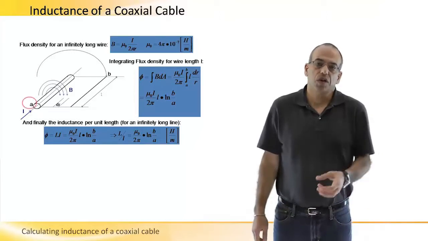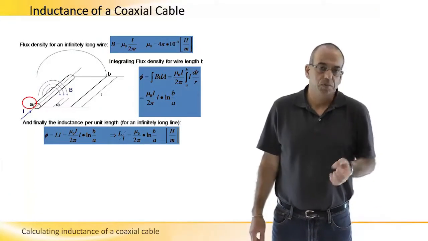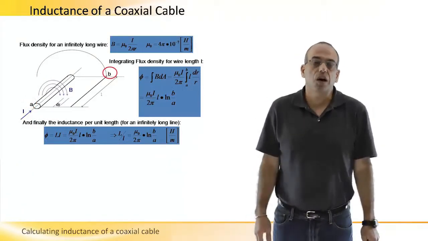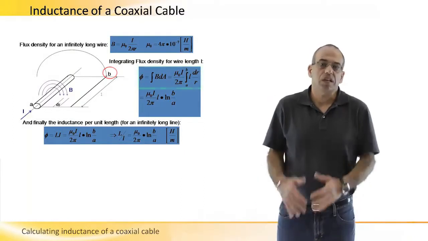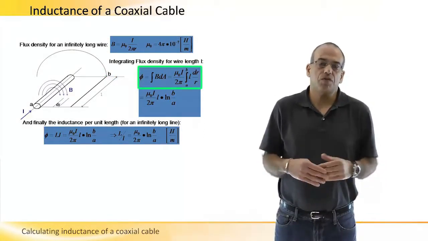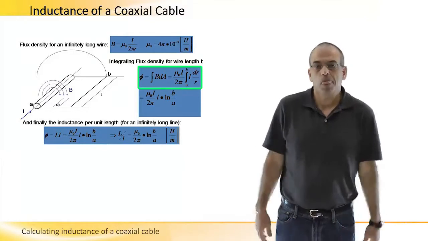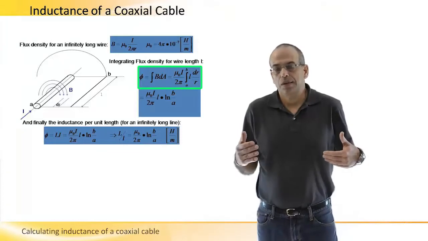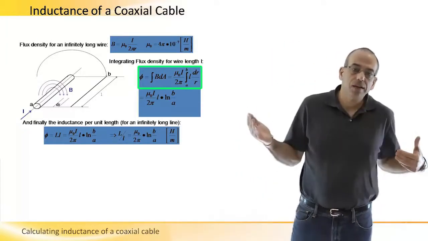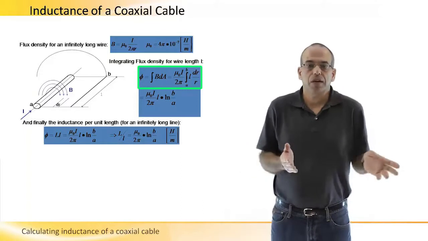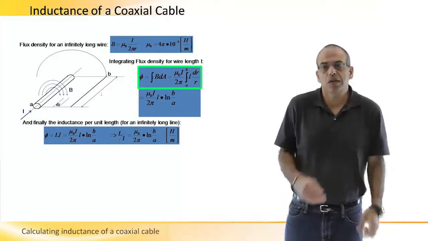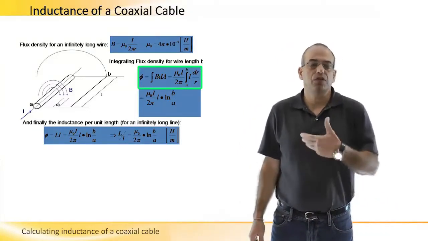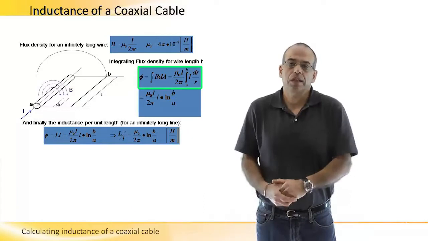The radius of the internal conductor in our example would be A, and the internal radius of the outer conductor will be B, and we need to integrate the flux flowing between A and B. The area will be the product of the length multiplied by the radius, and we find phi by integrating the flux density over the area.